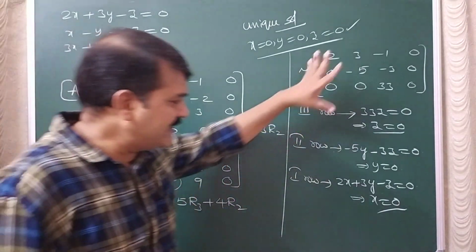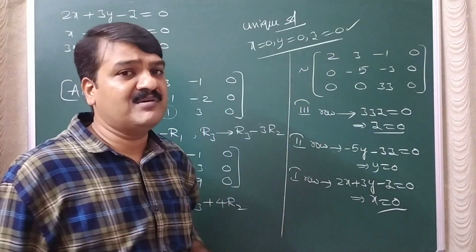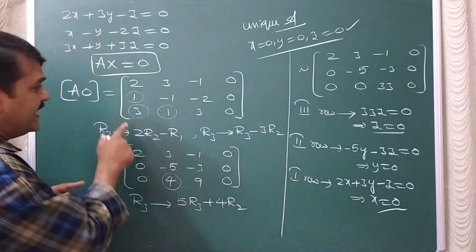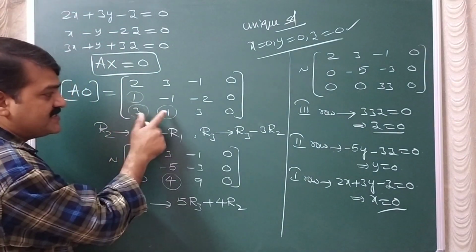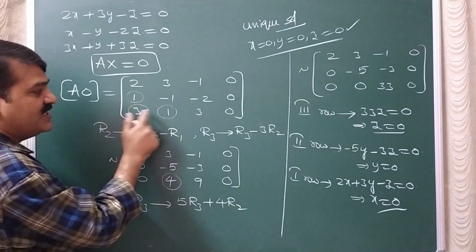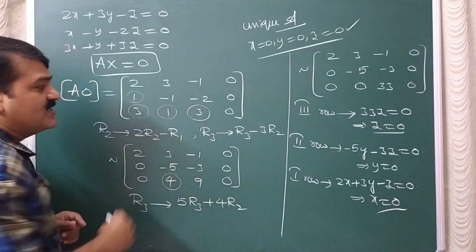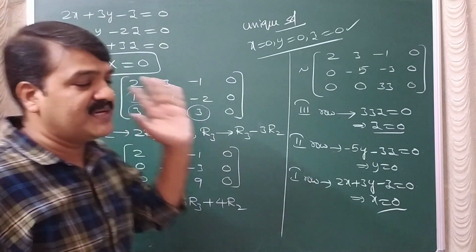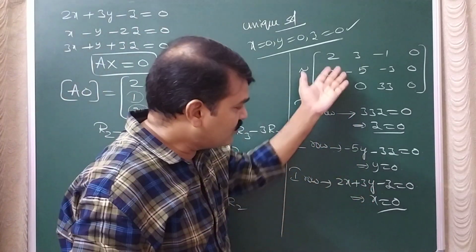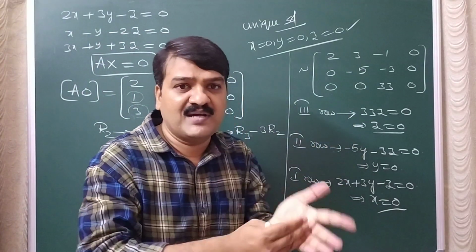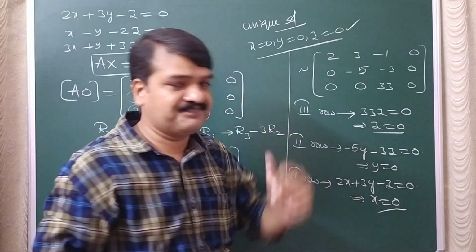But you don't need to do all these things. Just remember one thing. Once you try to get zeros in these three places, when this element is non-zero, you will always get a unique solution. And the unique solution is always x0, y0, z0. No need of solving.